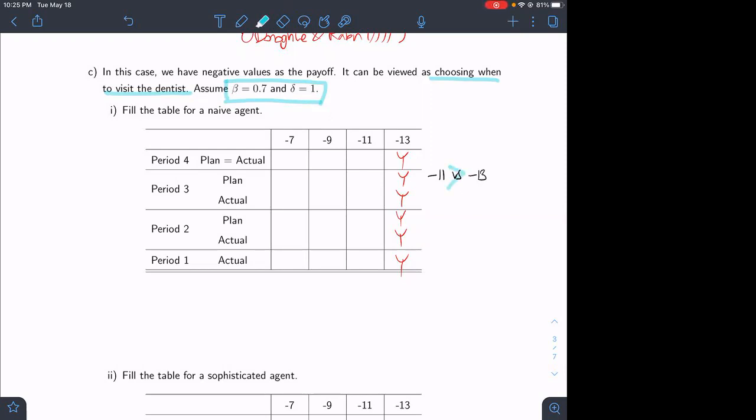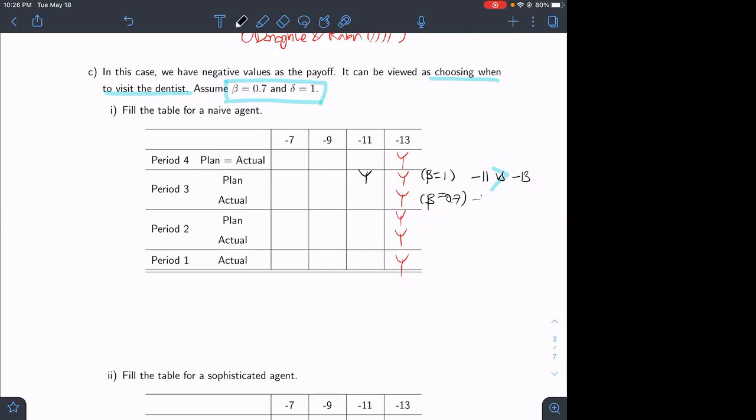So yes, my naive agent is thinking that I'm gonna visit the dentist. And then let's see what happens in reality. For the consistency, let me put the discount factor that I used for this one. In reality, beta equals 0.7.